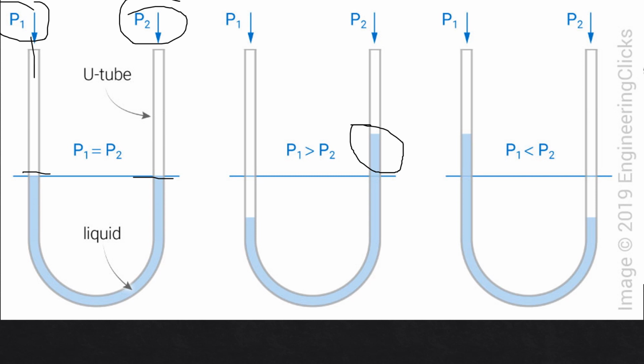When both types of pressure are the same, the mercury levels are equal. If P1 has more pressure and P2 has less pressure, it will increase the P2 value. If P1 has less pressure and P2 has more pressure, it will cause the increase in the fluid at the side of P1.